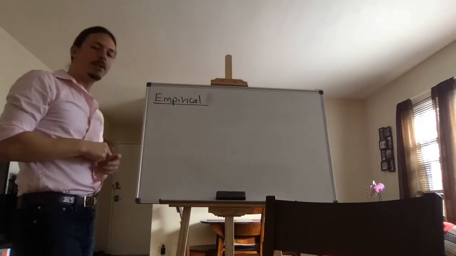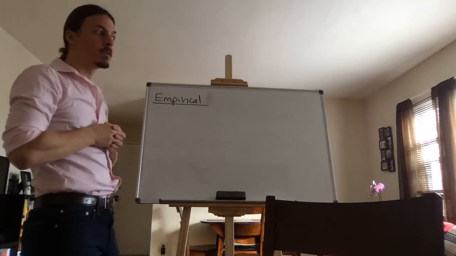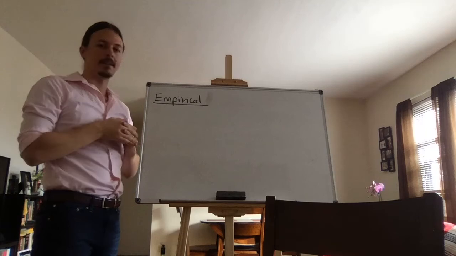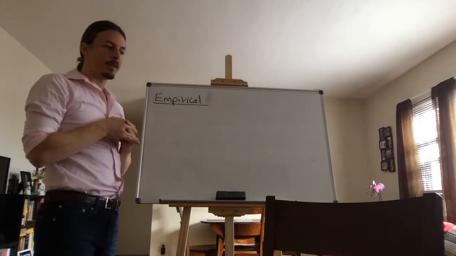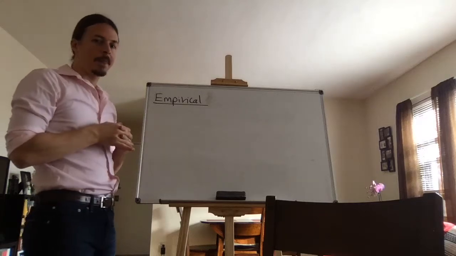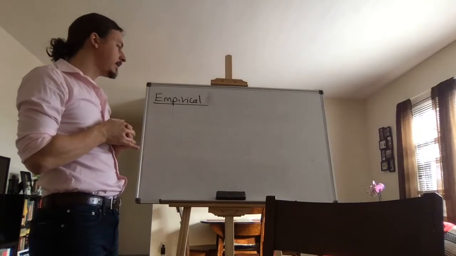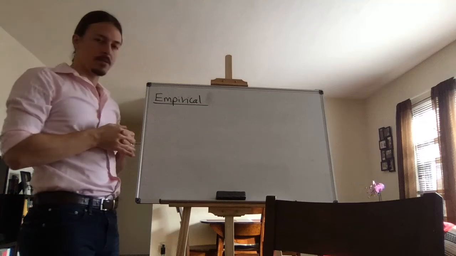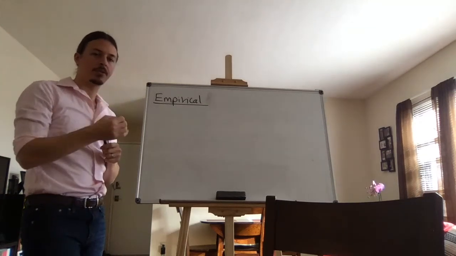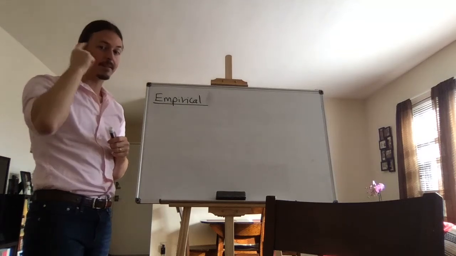Now, probably you've heard the word empirical if you've ever taken a science class, right? You talk about empirical study, empirical data, and all that good stuff. When you see the word empirical, what you want to remember is that it refers to your senses.